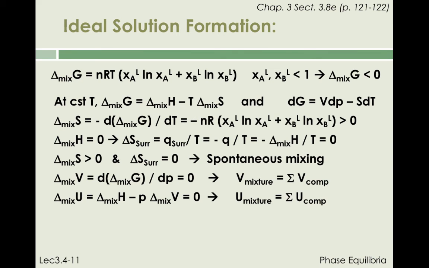This is an important result as it makes it clear that the intermolecular interactions between like species, that is A and A or B and B, must be the same as the interactions between unlike species A and B.